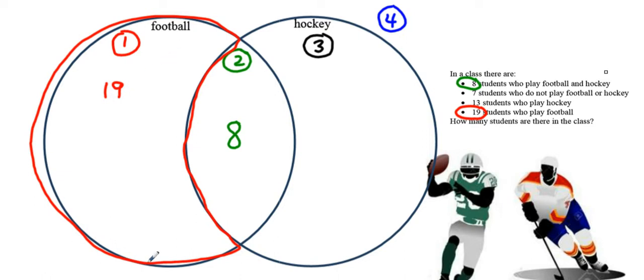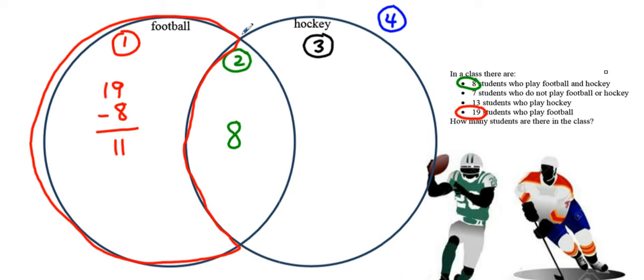So section 1 are just the people that play football only. So what you would have to do is subtract the 8 people who play hockey as well, and that gives you 11. So what it's saying here is 11 people play football only, 8 people play football and hockey, which in total, 8 plus 11 gives you the whole football circle, the 19 people who play football. So a lot of people will just write 19 in this section, but you have to remember to subtract that 8.